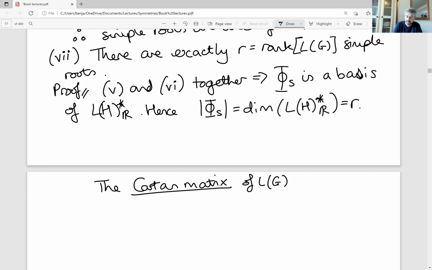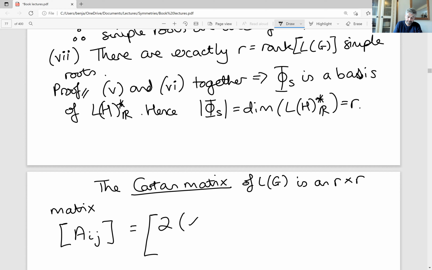So this is an r by r matrix with elements A_ij equal to twice (alpha_i, alpha_j) over (alpha_j, alpha_j), where alpha_i and alpha_j are the simple roots.